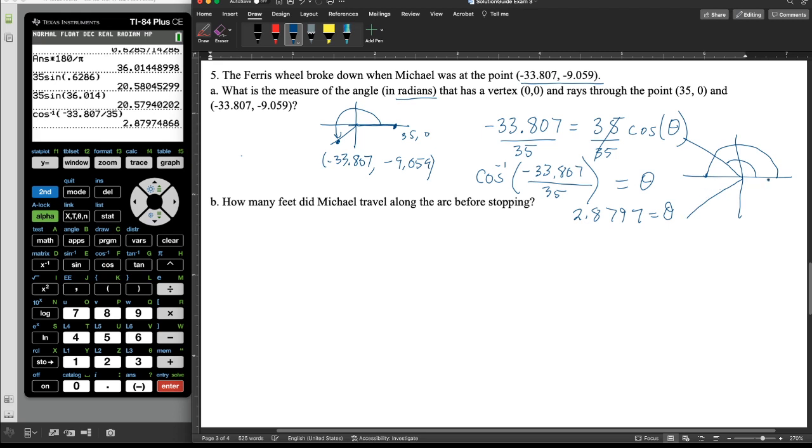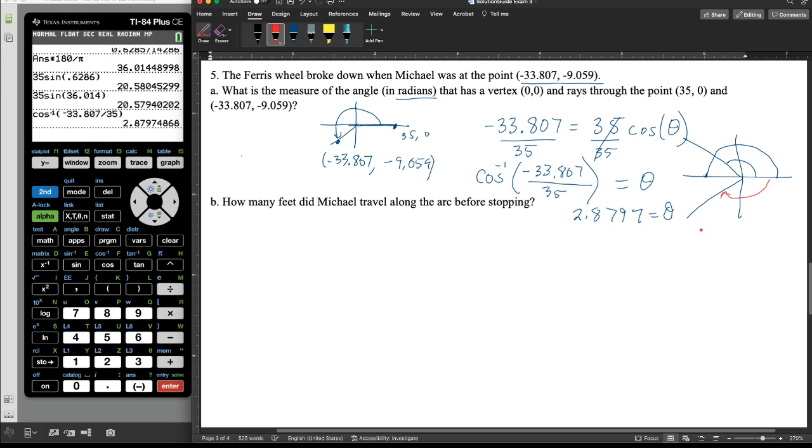There's a couple ways we could do this, but maybe the easiest is if we went that same amount backwards, it would work. So this would be a negative angle.